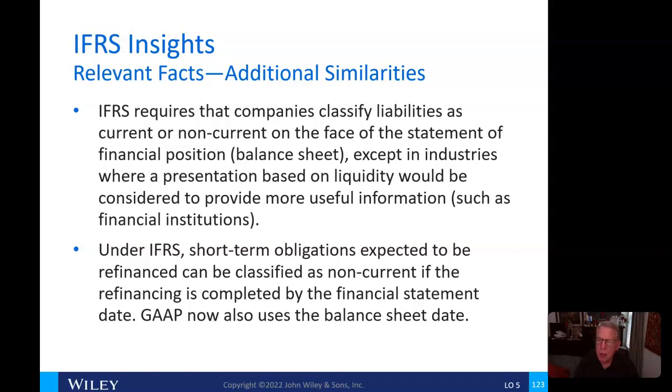And then under IFRS, short-term obligations expected to be refinanced can be classified as non-current if the refinancing is completed by the financial statement date. GAAP now also uses the balance sheet date.